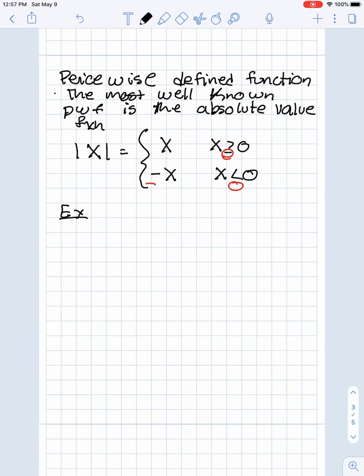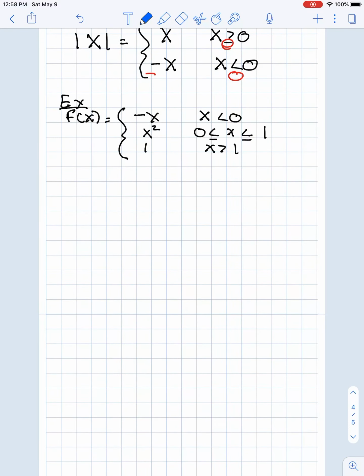If I'm given f of x equal to negative x when x is less than 0, x squared when x is greater than 0 and less than or equal to 1, and it's going to be 1 when x is greater than 1. So what's that graph going to look like?